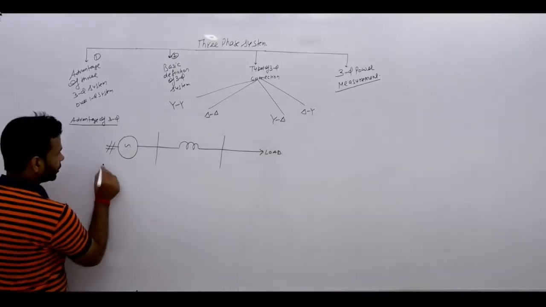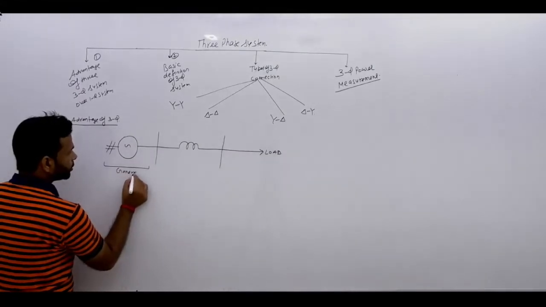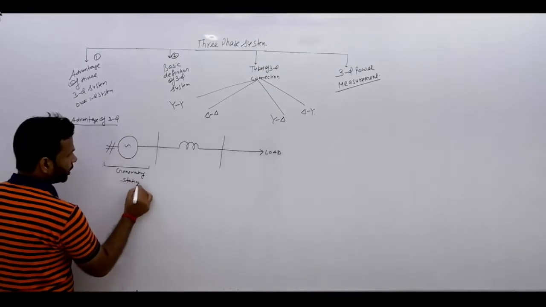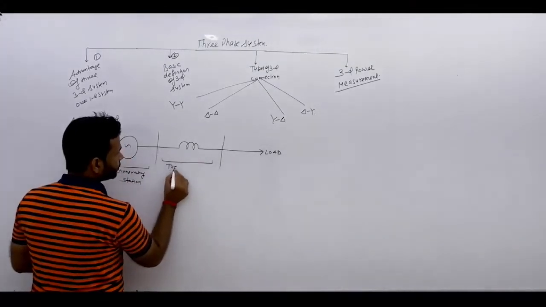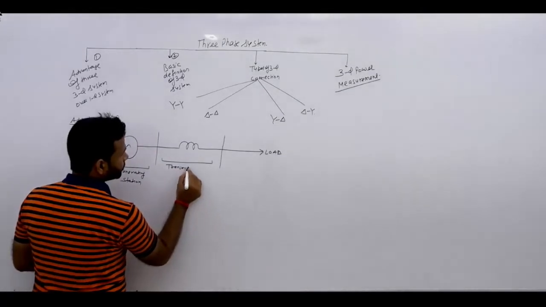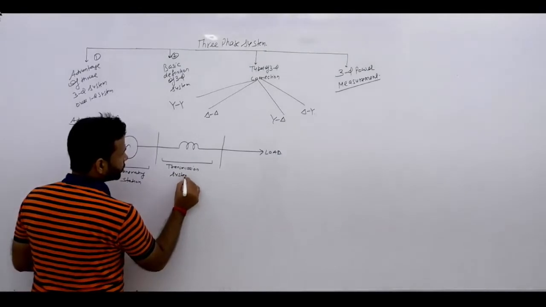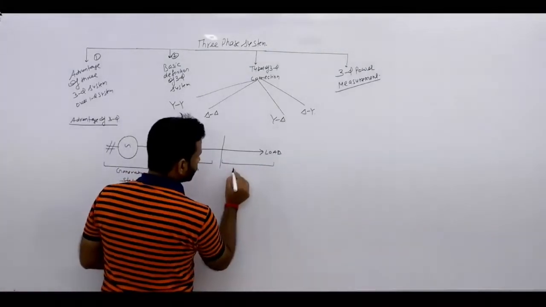So it is your generating station, the middle one is called the transmission system, and this one is your distribution system.